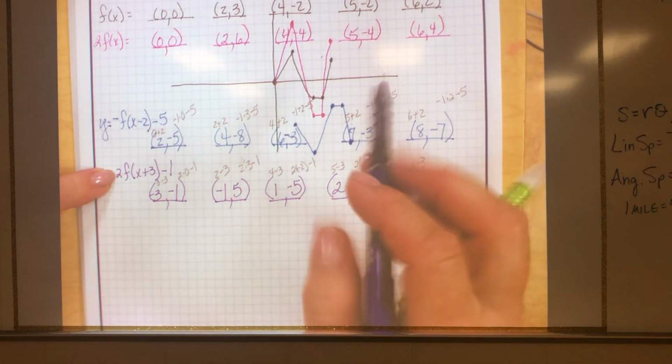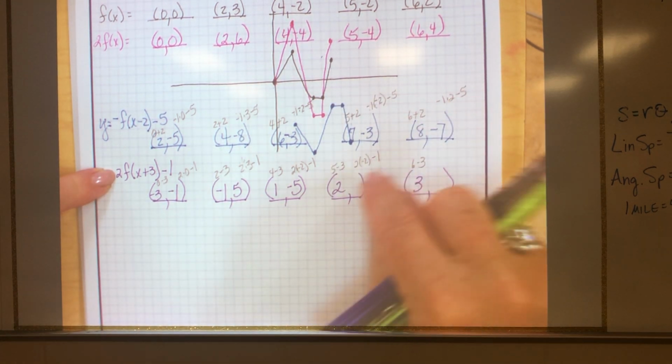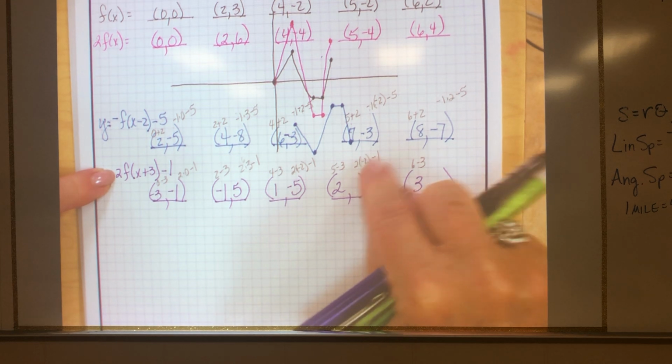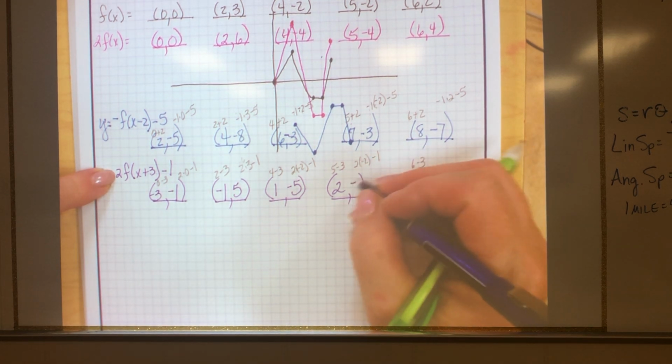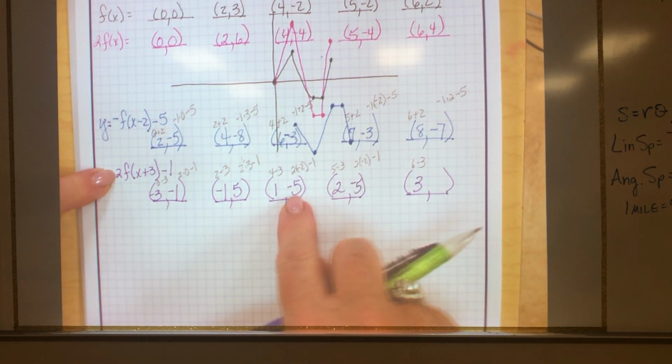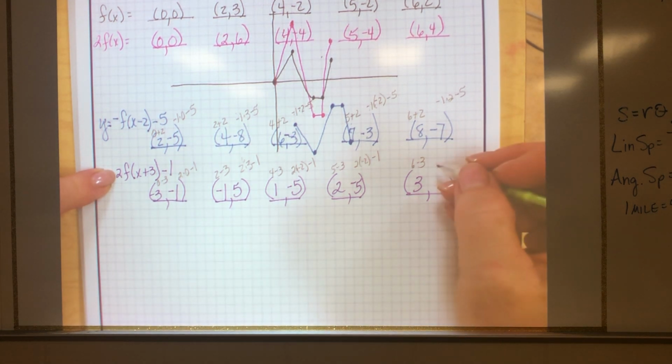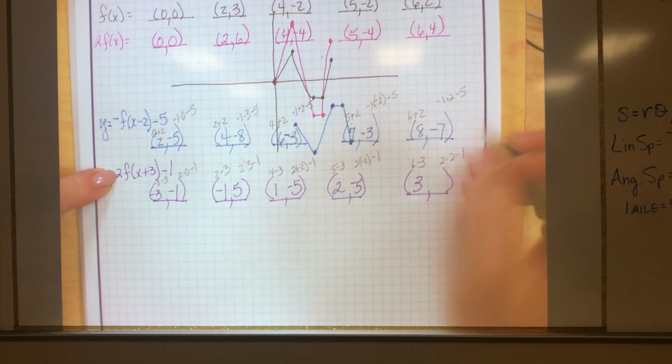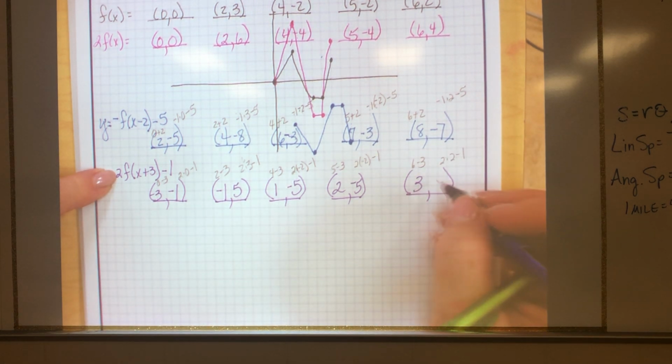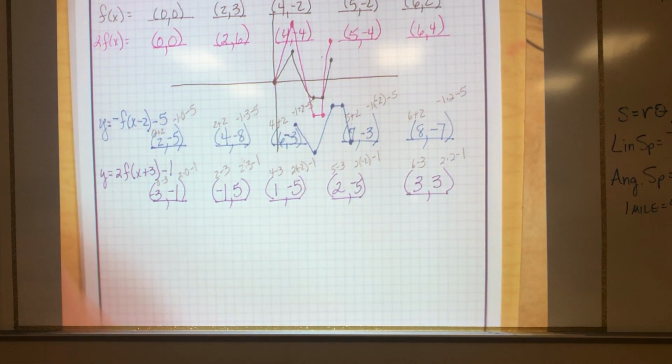I'm kind of knowing he's supposed to be the same. So 2 times negative 2 is negative 4, and negative 4 minus 1 is negative 5. Yep, that makes him right beside this guy. Over here, 2 times 2 minus 1, and 4 minus 1 is 3. All right, anybody got a question?